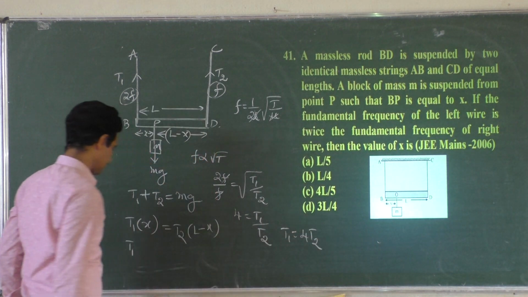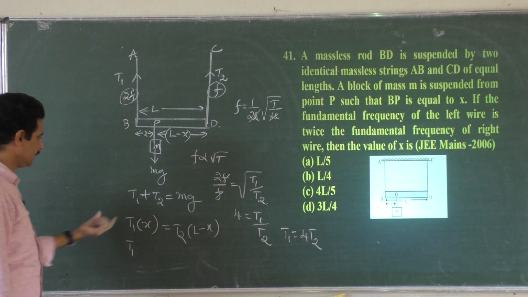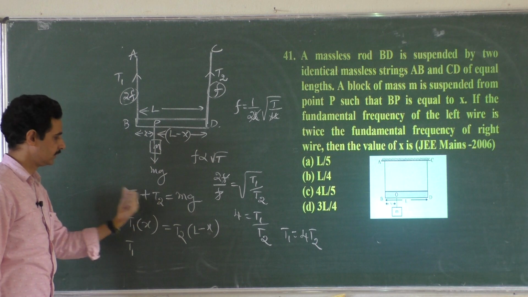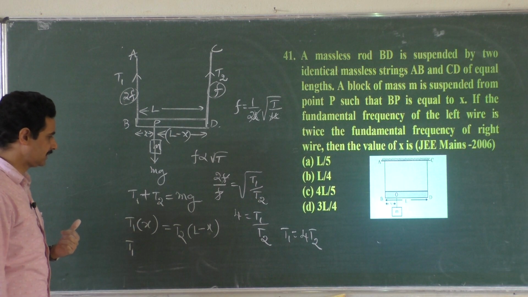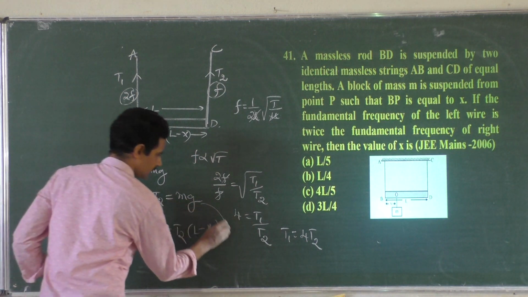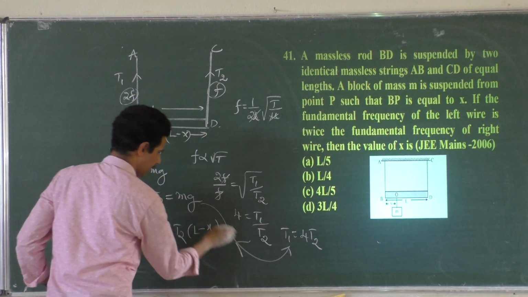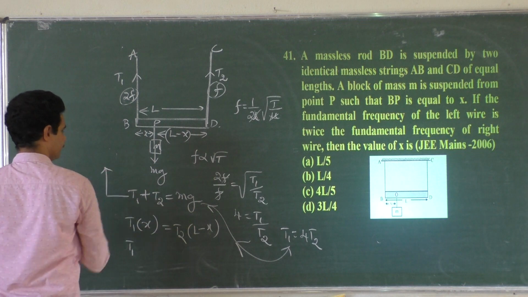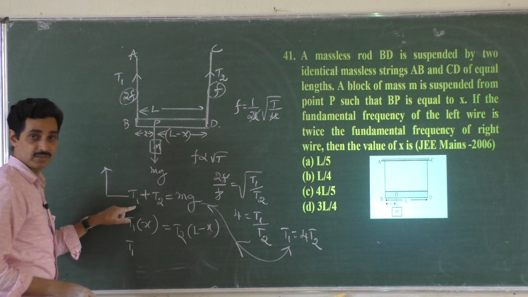Yeah, that is very, very important. Here you get one more: T1 plus T2 is equal to mg. Substitute this here.